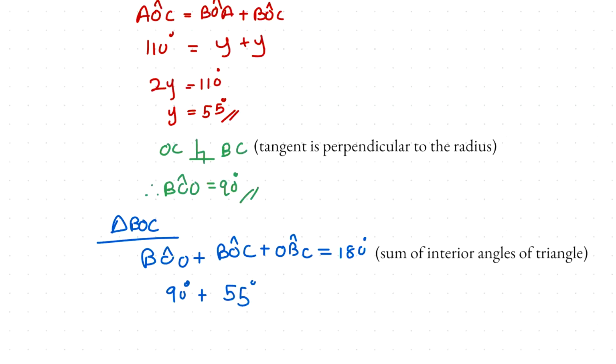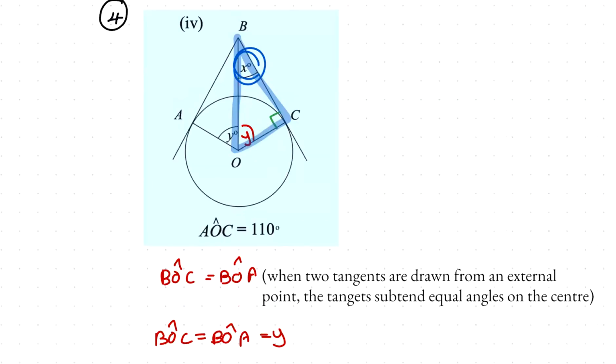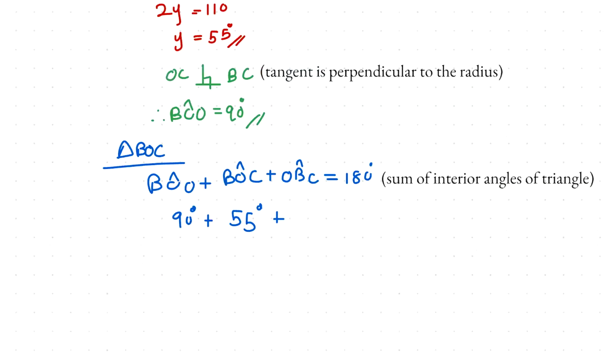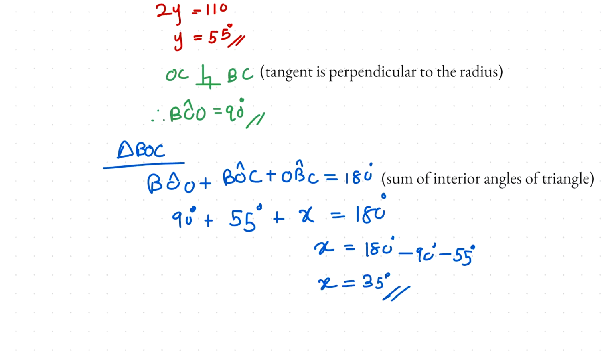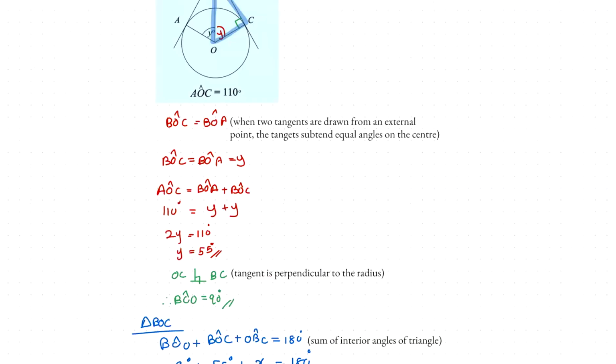We have to find OBC, and OBC is what they have written as X. So X equals 180 minus 90 minus 55. That should be 35. So X is equal to 35. So the Y value is 55 degrees, the X value is 35 degrees.